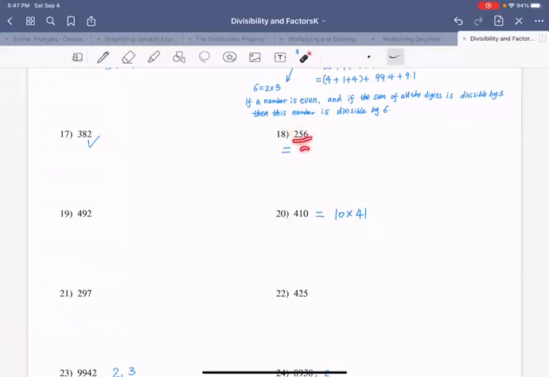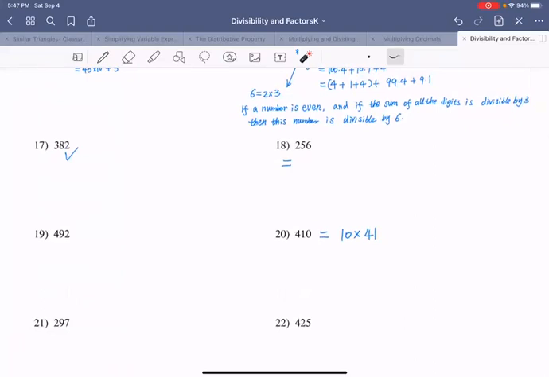256. First, it is divisible by 2 for sure, correct? So far, so good. Let's try 2. Give it a try. 2 times who? You see, 2 over 2, you put 1.